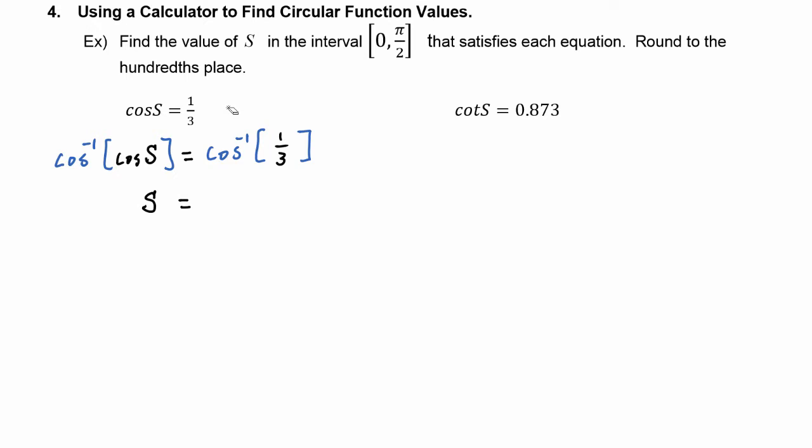Now the first thing we have to do is get our calculators into radian mode. The reason we know to put it into radian mode is because we're being asked to find s in the interval 0 to pi over 2, and that is clearly radians.